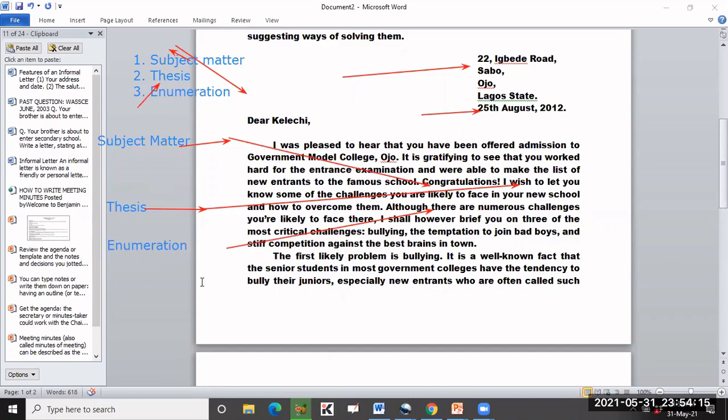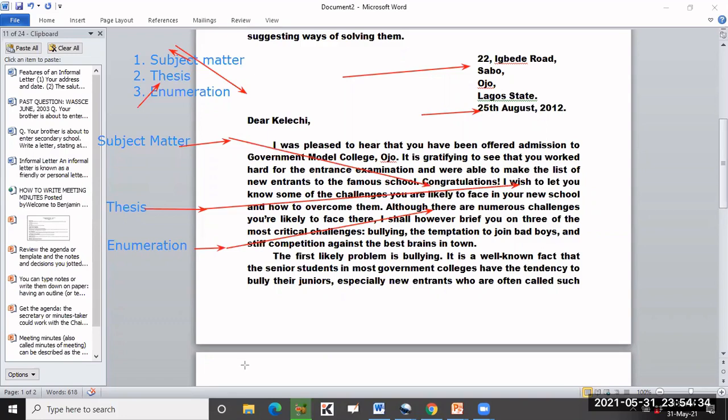Enumeration is simply the list of points you want to discuss. That is your enumeration. And so we have come up with a very rich first paragraph. I want to explain why you need to enrich your first paragraph.